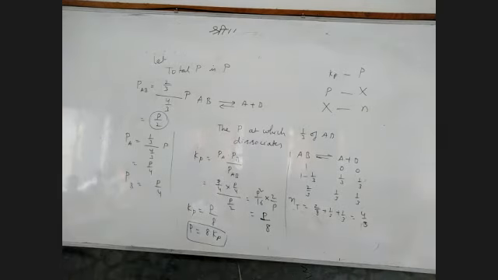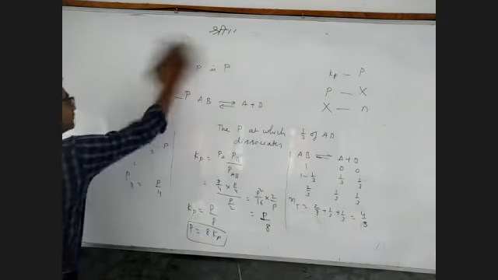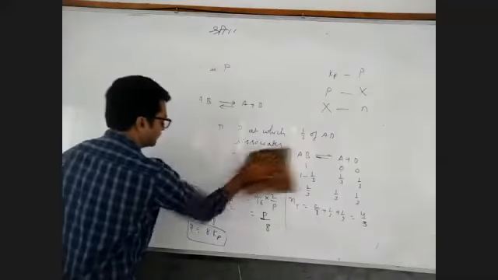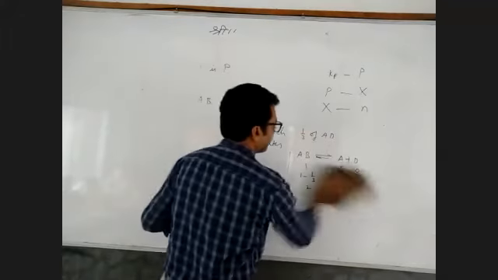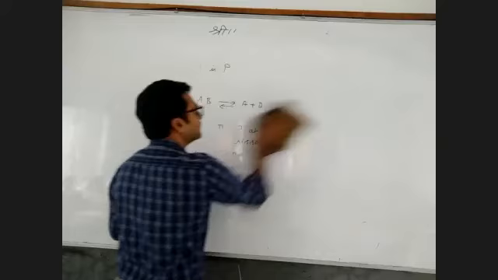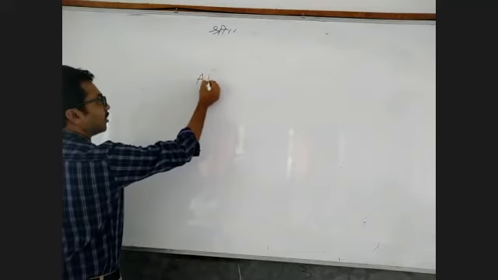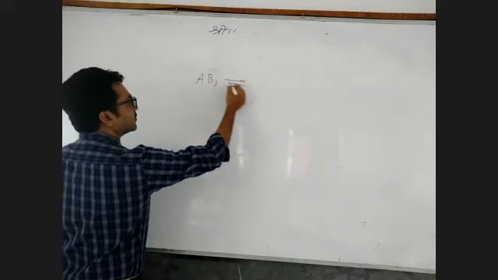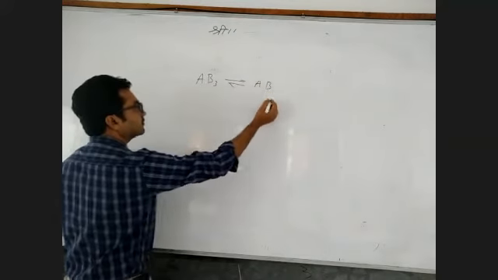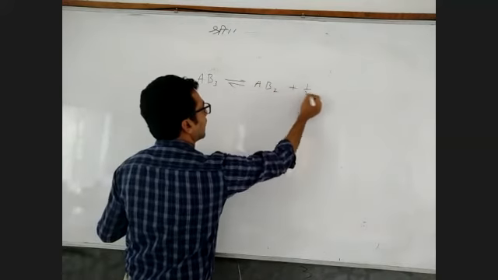Okay. Next question. AB3. I am giving normal reactions, children, easy ones. AB3 gives AB2 plus half B2.